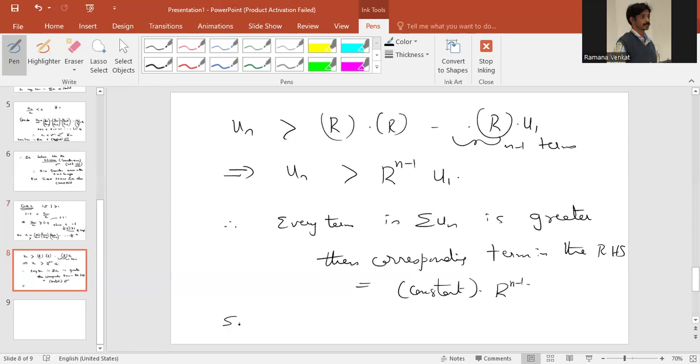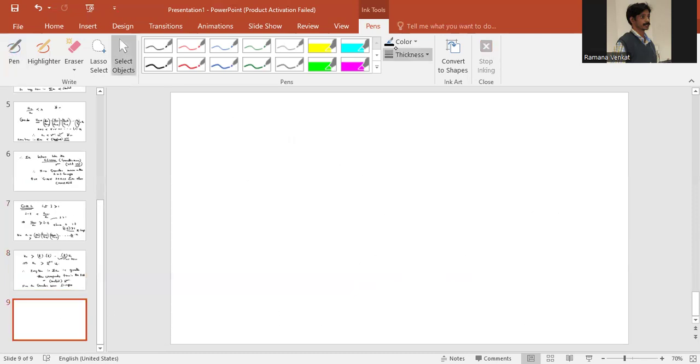And since the geometric series has R greater than 1, the geometric series diverges. So the left hand side also behaves the way the RHS behaves.